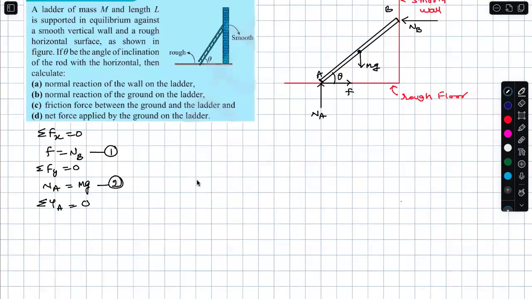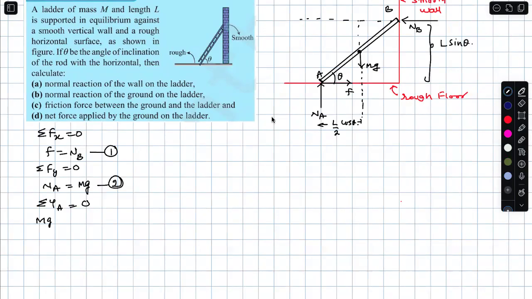Now, by doing which you will get mg, this is a force, line of action of force, and this distance is L by 2 cos theta. Whereas this is the line of action of force, and this distance is L sin theta.